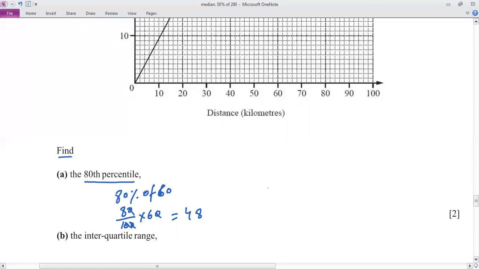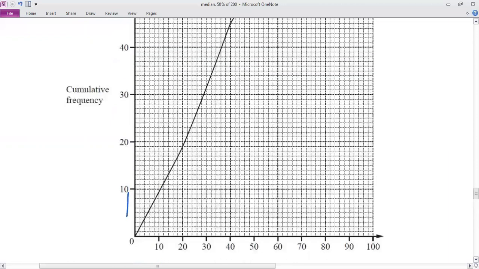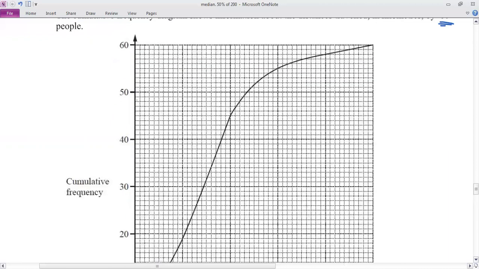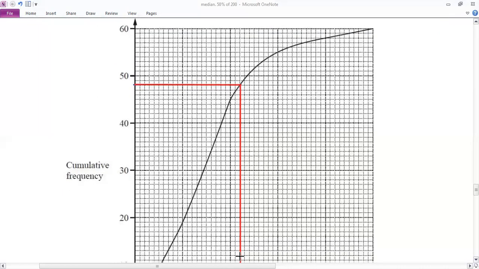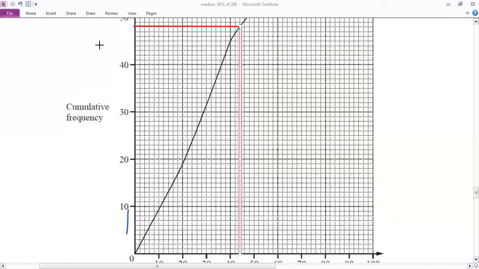That is 48 on the cumulative axis. Each box here is 1, because 10 boxes are making 10 on this side. So this is 48. From 48, draw the line which touches the curve, and from there come straight down. That will be the 80th percentile.